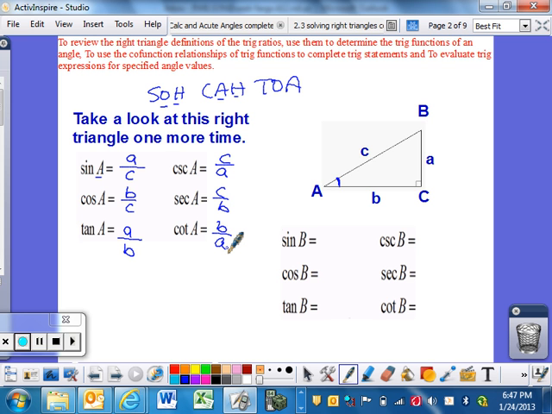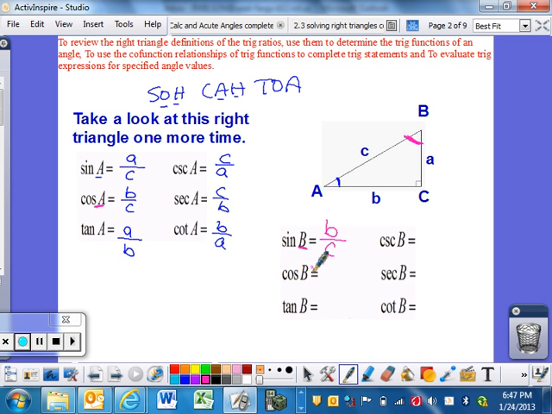Now when you end up finding sine of angle B and you're going to use the same picture, opposites and adjacents flip-flop. So you have to be careful on that. The opposite of angle B now is going to be the side across from B. So it's going to actually be B over hypotenuse, which is C. Okay? Notice that sine of angle B is the same as cosine of angle A, so we're going to see a relationship there.